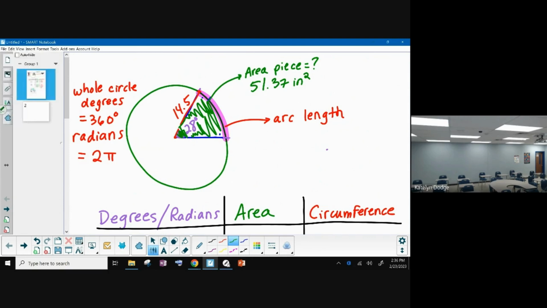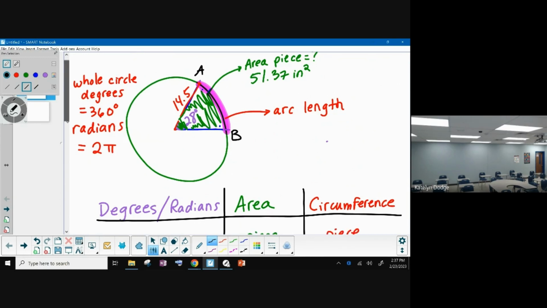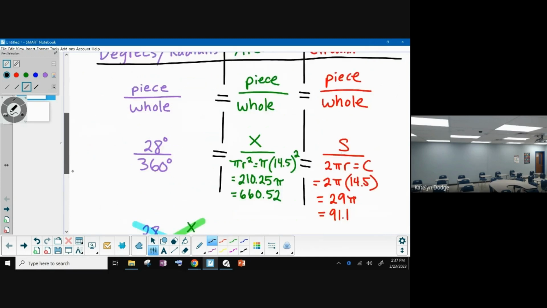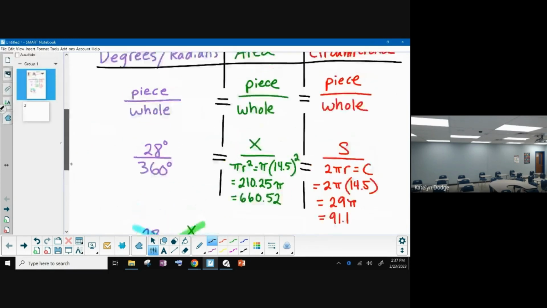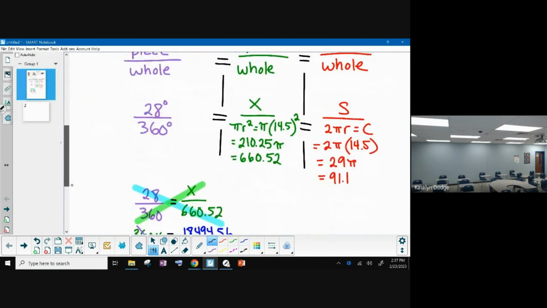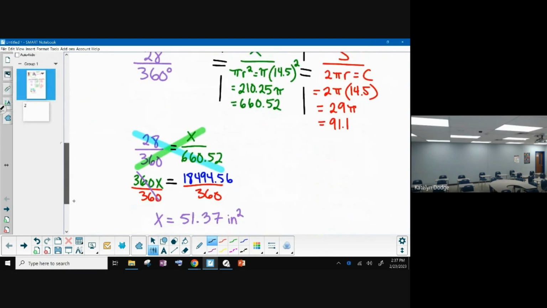What about the arc length? So again, the arc length is just the distance between the angle that's formed. So sometimes we'll even see this labeled point A, point B. I want to know the distance between A and B. That's where my circumference piece over whole comes from. Arc length is just a piece of the whole circumference. So I want to find that now.